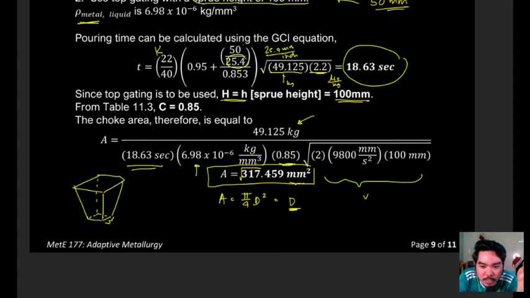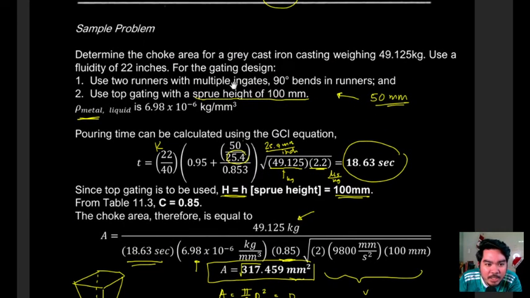Pwede pa ulit yung aling part, Riquel? Yung saan galing yung 50 over 25.4. So again, hindi ko lang kasi nasama sa sample problem, no? Pero the sample problem should have yung apparent thickness niya should be equal to 50 millimeters, no? Tapos kaya siya 50 over 25.4 kasi dun sa pouring time equations natin, apparent thickness should be in inches, tapos yung weight should always be in pounds.